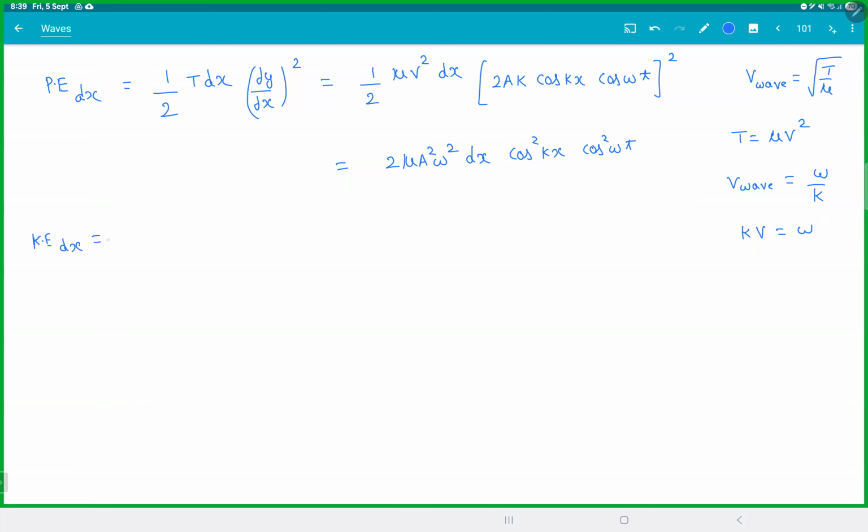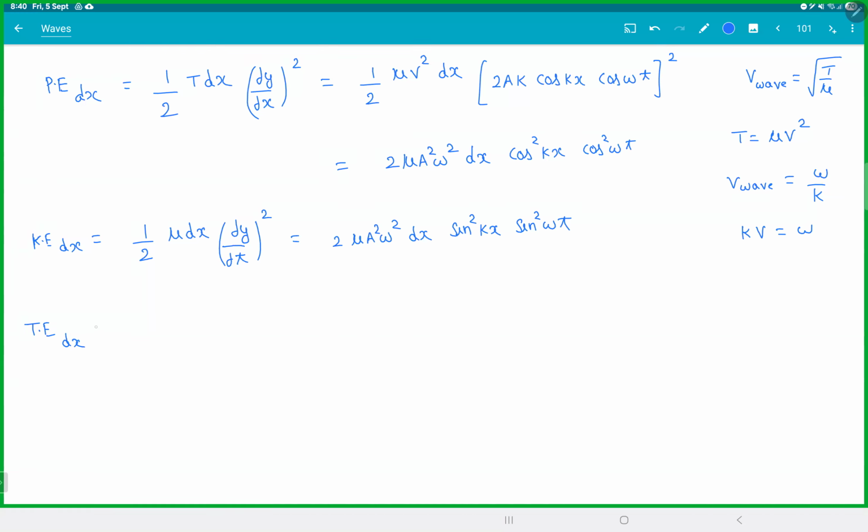Kinetic energy of the dx is half mu dx dou y by dou t whole square. This also comes out to be 2 mu a square omega square dx sine square kx sine square omega t. Now, when you add them, total energy, you can clearly see both are not equal.